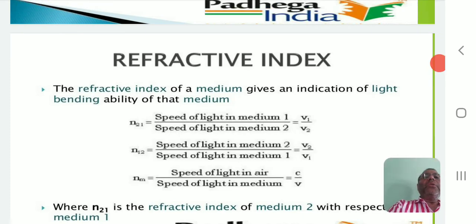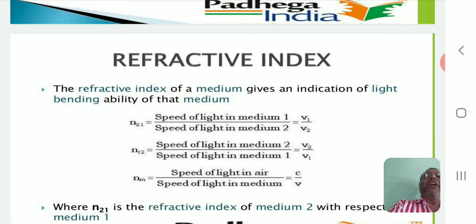Here, how to decide to what extent bending is taking place from its original track? All these can be decided on the basis of this term, that is refractive index. Its formula is given. Suppose we are writing n21, means we are going to decide the refractive index of the second medium with respect to the first medium.